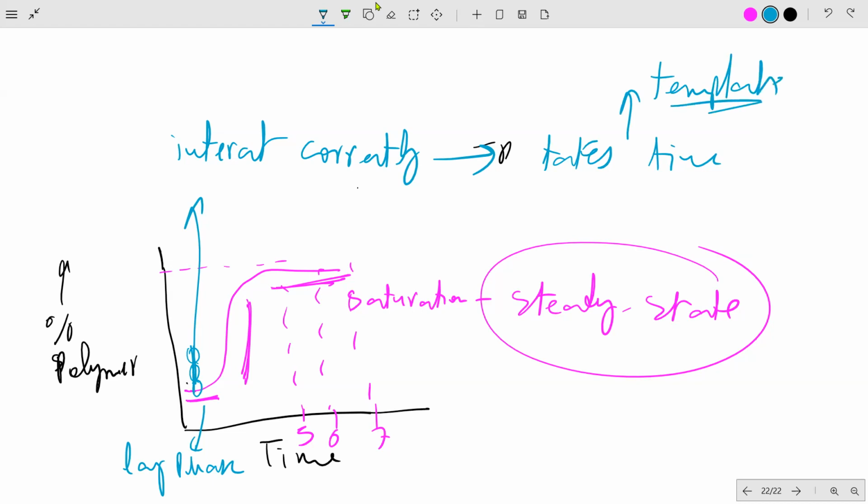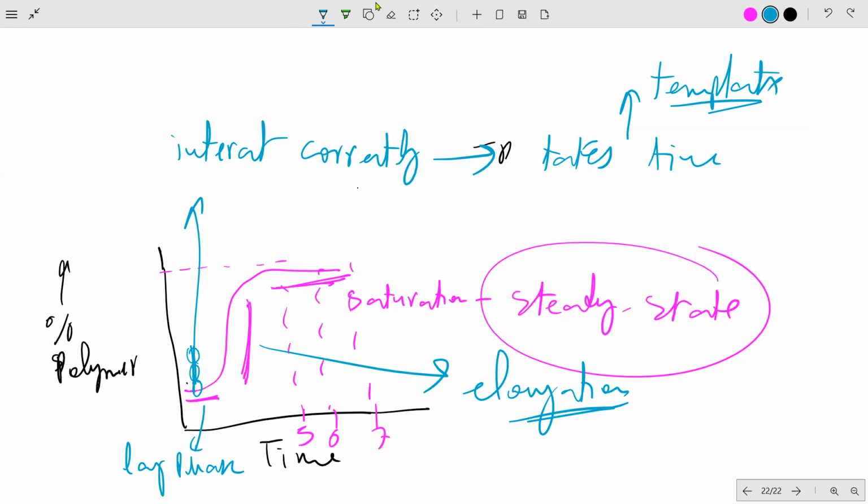And once the template is formed, now the elongation starts. एकदम से elongation हो गया. Elongation phase. So this is what is elongation phase. Elongation phase will start. Polymer builds up. Percentage polymer increases now.